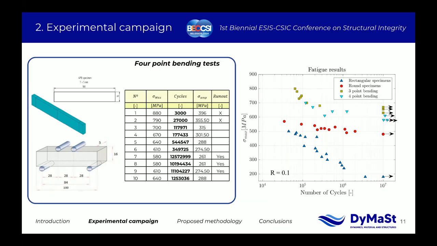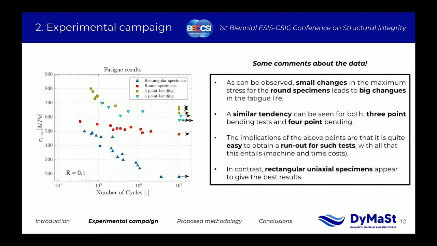And before moving to the methodology part, I would like to discuss these results a little bit with you. What we can see here is that, as I previously commented, small changes in the maximum stress for the round specimens lead to big changes in the fatigue life.